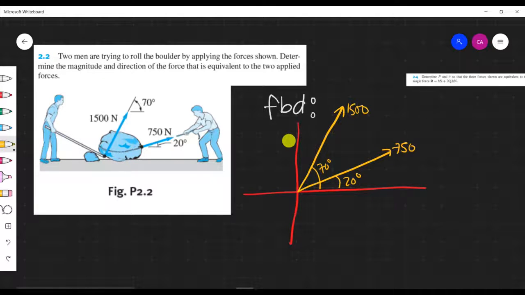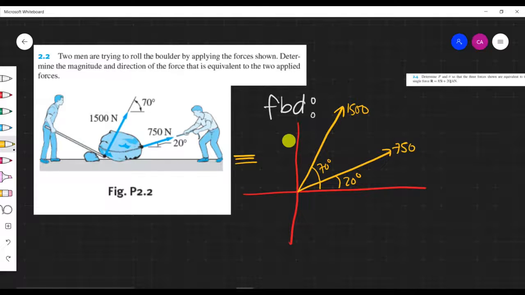So, ibig sabihin nun, yung nasa kaliwa, yan yung talagang real scenario. Then, yung tingin natin sa kanya, pwede nating i-slide. Sliding vector. Tapos, equivalent, yun yung term. Equivalent yan dito sa kanan na free body diagram.